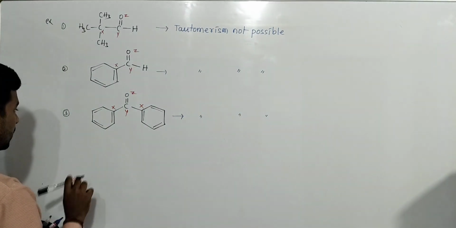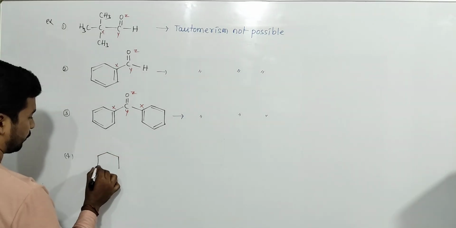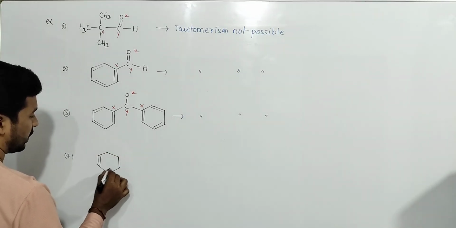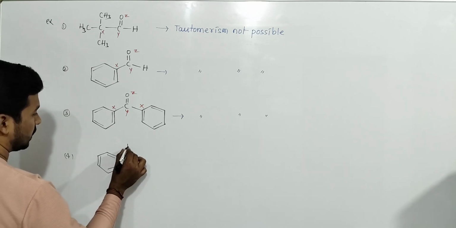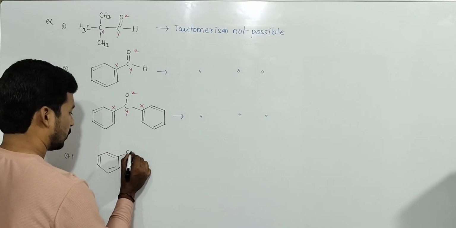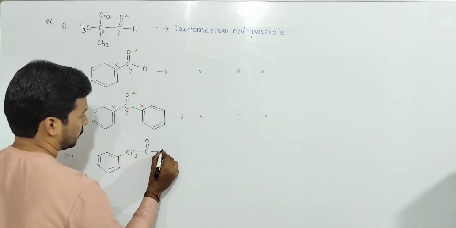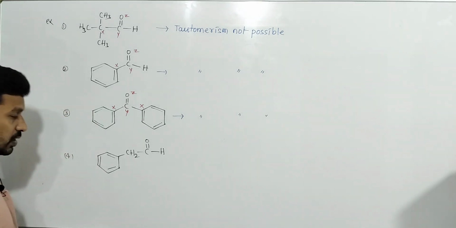If you see another example, 2-phenyl ethanol. For this molecule, is tautomerism possible or not?